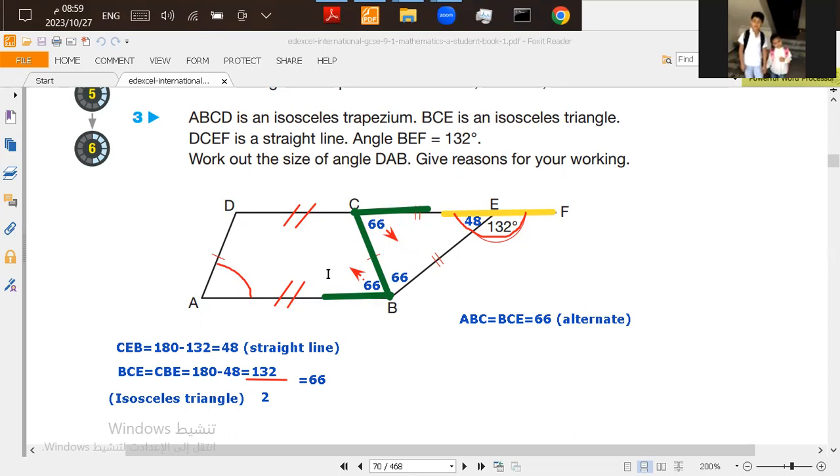Now, DAB and ABC are the same because they are base angles of an isosceles trapezium. So I'm going to say DAB equals ABC equals 66. And what's the reason? I'll say they are base angles of isosceles trapezium.